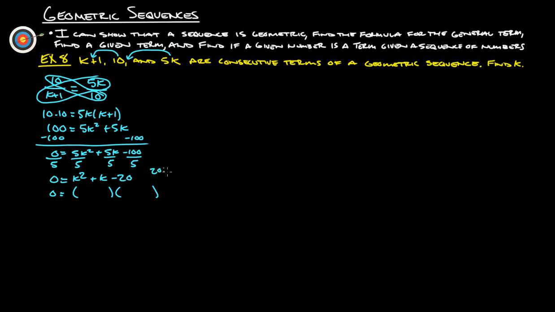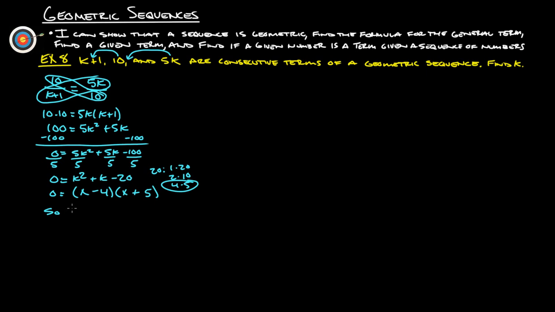So factors of 20 are 1 and 20, 2 and 10, 4 and 5. 4 and 5 do, right? So we got k, 4, and 5. And then we just have to figure out what signs we put in front of these so they add up to positive 1. That's going to be positive 5 and negative 4.